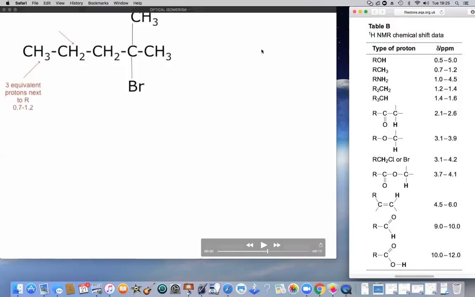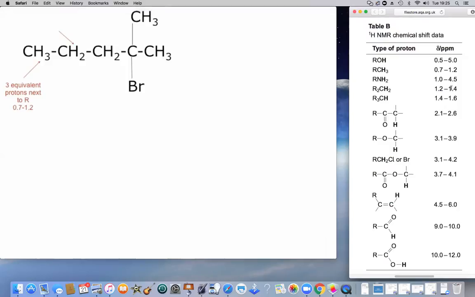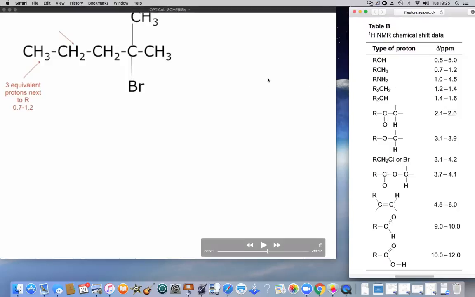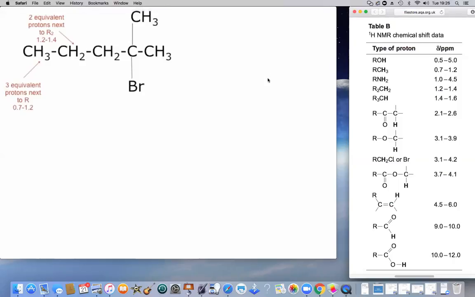So these are 3 equivalent protons next to a CH2, which we'll class as an R group, so they'll have a chemical shift somewhere between 0.7 and 1.2. If we look at the second one along, this time we have a CH2 group attached to a carbon on the left, which could be an R group, and a carbon on the right, which could also be an R group. So that will correspond to a chemical shift of 1.2 to 1.4, 2 equivalent protons next to R2.